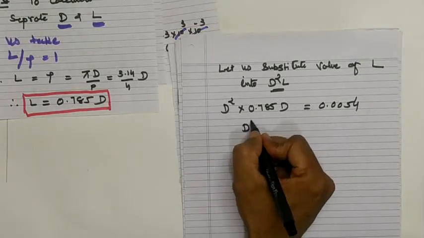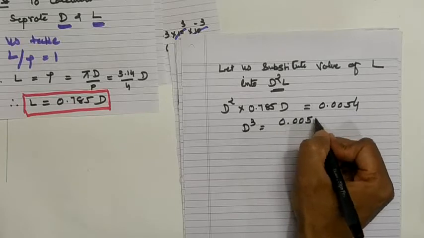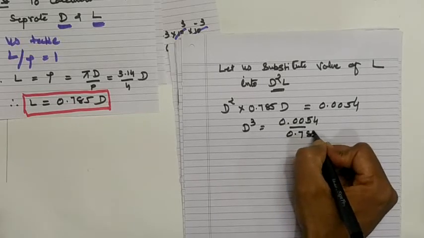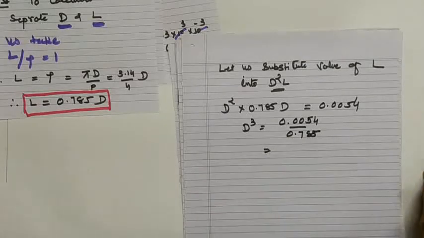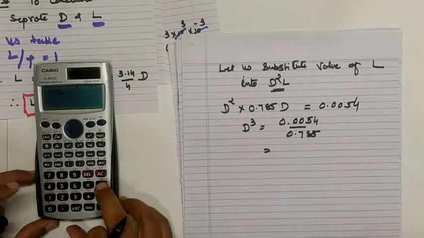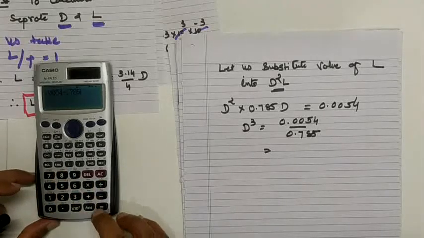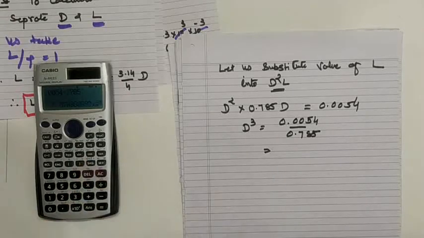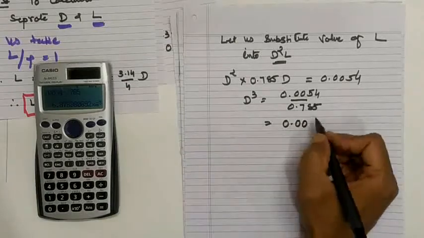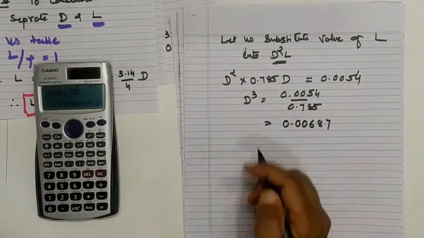So D cube is equal to 0.0054 divided by 0.785. So that comes to 0.00687, right? So this is D cube.